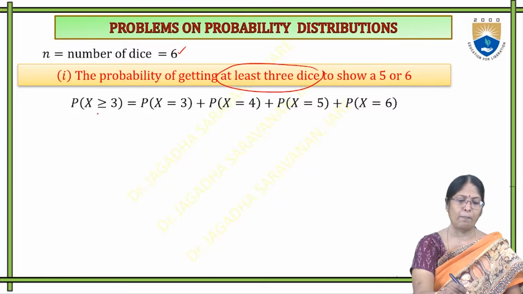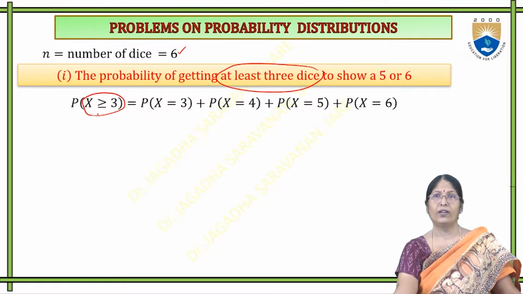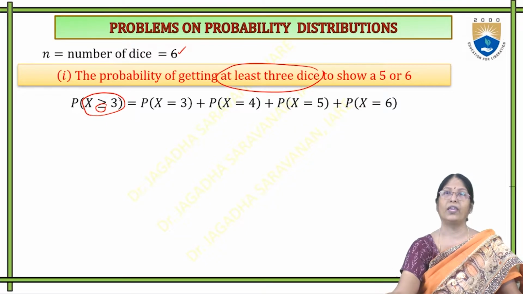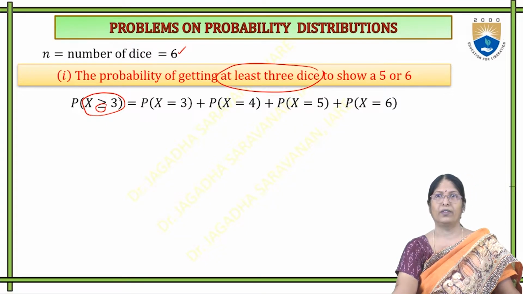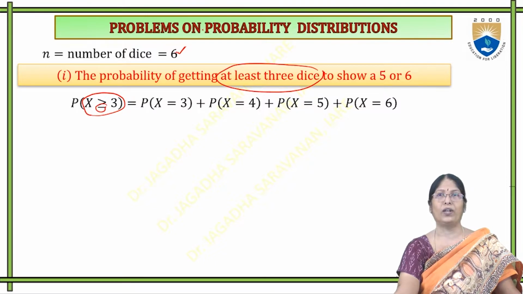This part we have written mathematically here. So 3 is included because of this equal sign. 3, next 4, 5, 6. We can't write 7 because there are only up to 6 dice in this problem, the condition which is given.